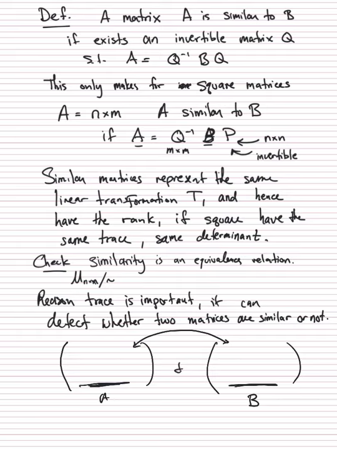Okay, so we'll see that next week. We're going to get into the determinant, which is another invariant that will detect this. And then we'll also get into choosing the right basis, so that for any matrix you can find a similar matrix which has as nice as possible a form.